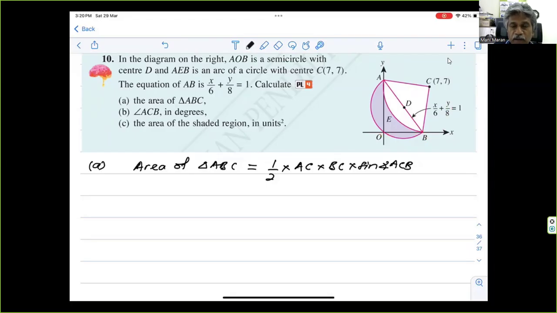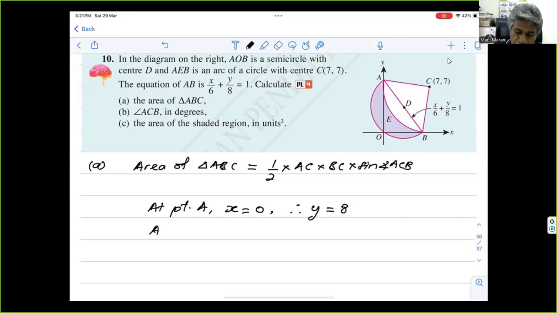So like that, we can find the coordinates of point A and B. So here we say at point A, x is equal to 0. Therefore, y is equal to 8. So you can get from this equation directly here. When you put x is 0, bring the 8 to the other side becomes multiplier. 1 times 8 will give you 8.